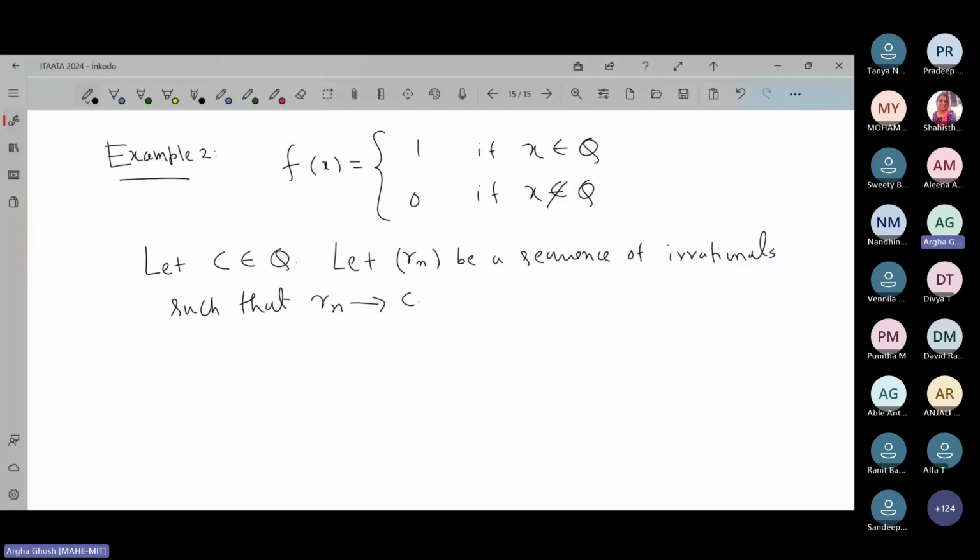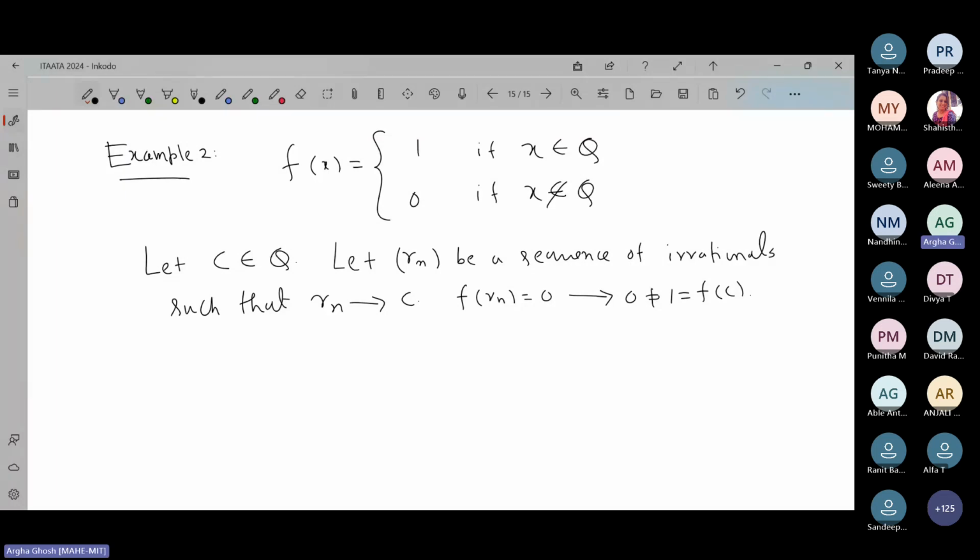Now, what about f of rn? f of rn is nothing but 0, and it converges to 0, which is not equal to 1, which is f of c, because c is a rational number.